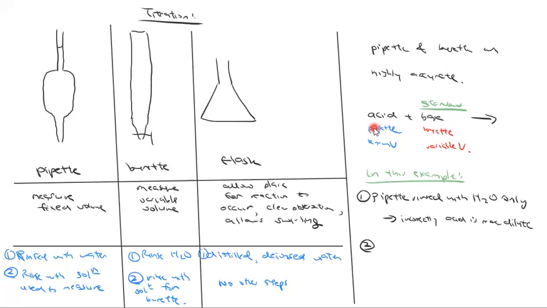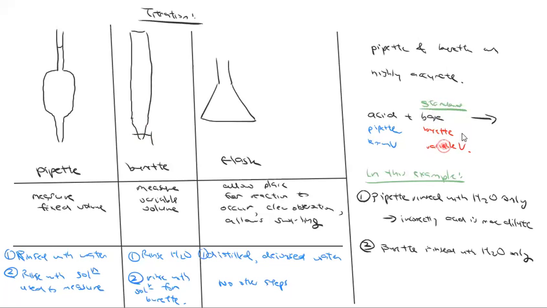And very similarly, if your burette is rinsed with H2O only, in my example, then that means your burette will have some amount of water in it, not much, but it will have some, which means the whole thing will be relatively less concentrated. And if you've got a solution that's less concentrated than what you thought, then that means you're going to need to use more of it, but you don't know it's less concentrated, you're going to use the concentration from your standard.